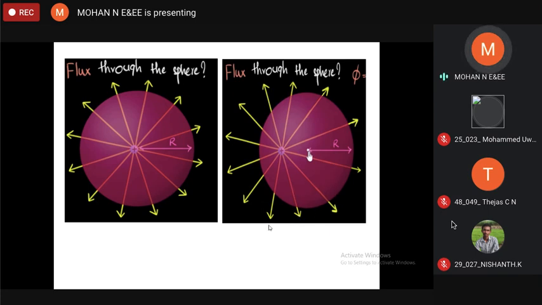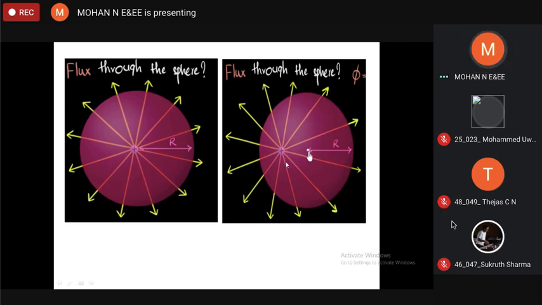What I have done here is just move the charge position inside the sphere. So what happens to the flux through the sphere? It remains the same, again because the amount of charge present in the sphere remains the same.